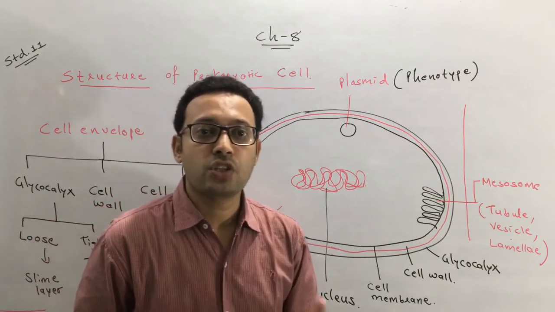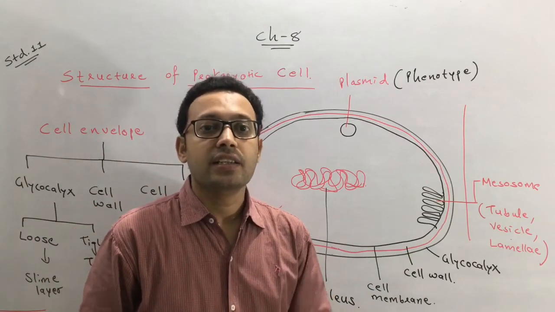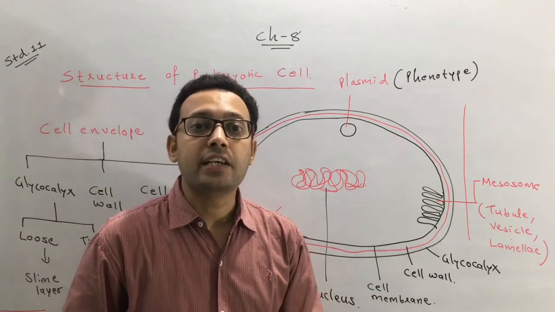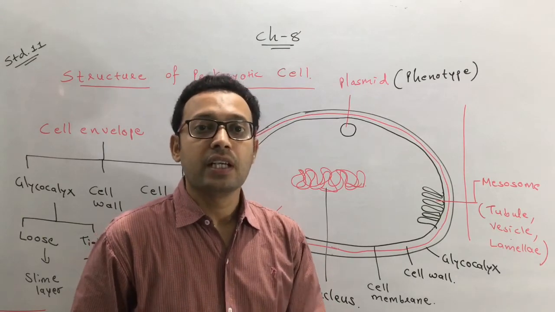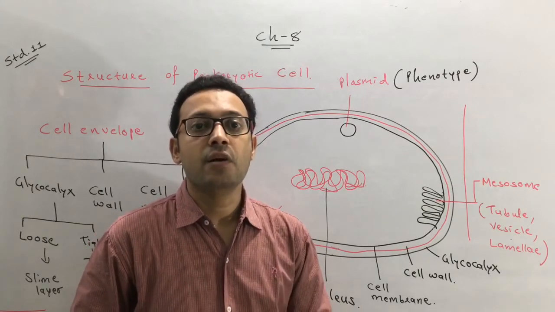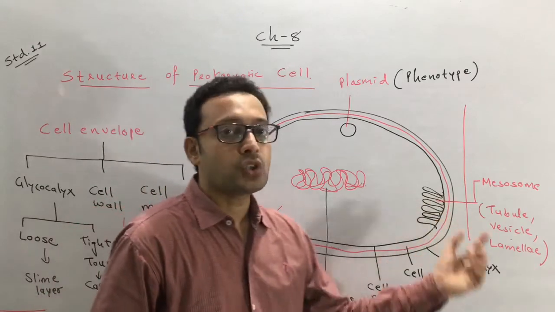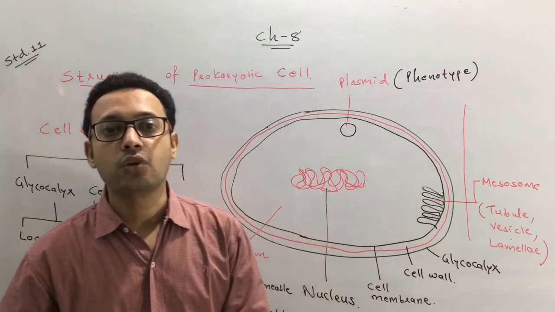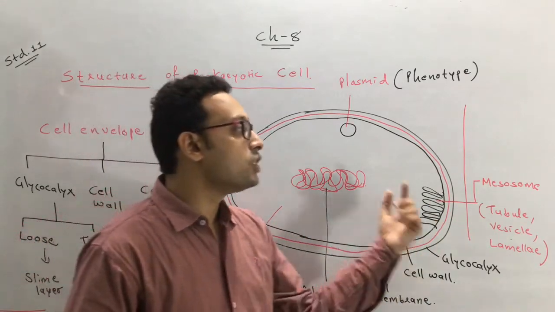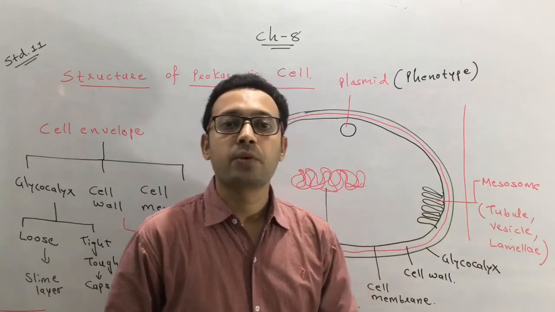Mesosomes are specialized infoldings that generate from the innermost layer, the cell membrane, and this is a characteristic of the prokaryotic cell. Mesosomes are not found in a eukaryotic cell. Mesosomes are found in a prokaryotic cell.